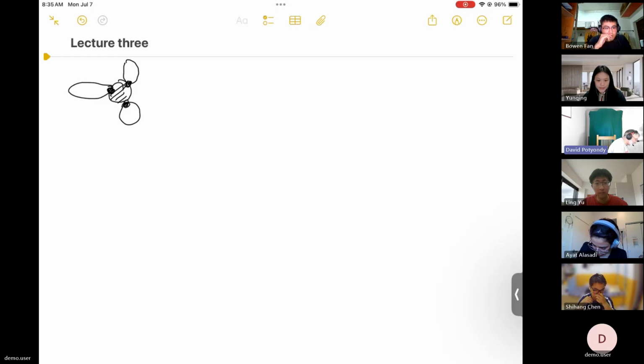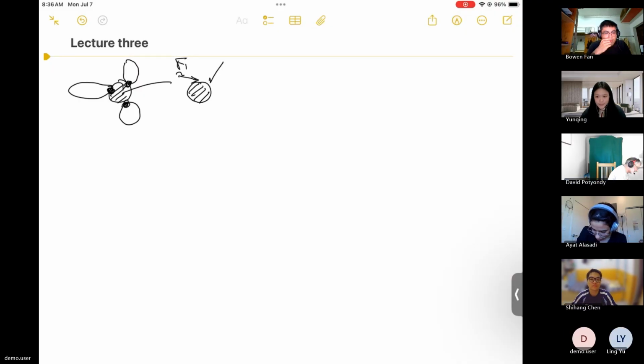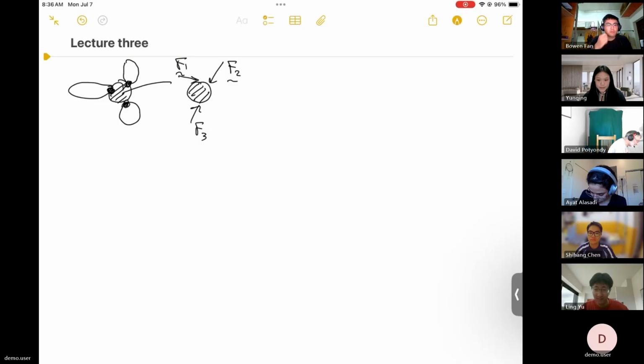If we just look at that particle, all that particle knows about is this. Let's call this F1 from that contact, F2 from that contact, and here we go, F3. So this particle is loaded with those 3 forces.